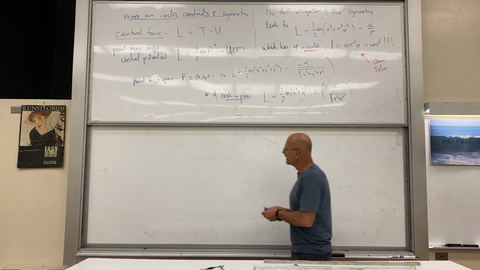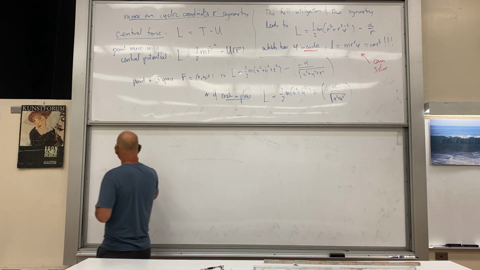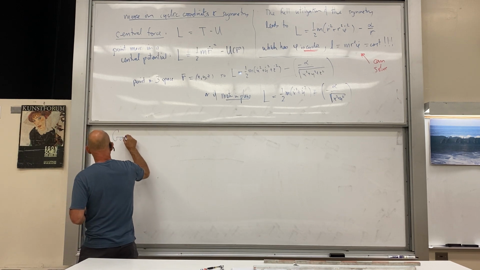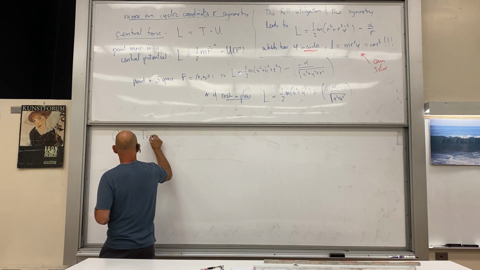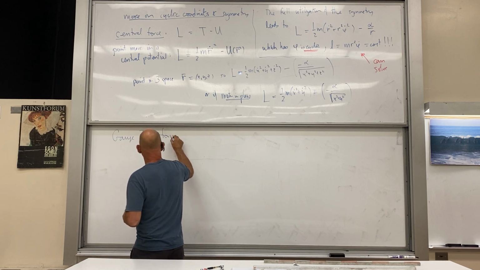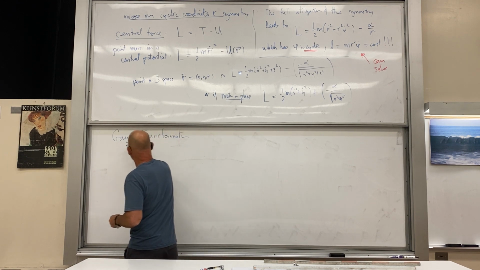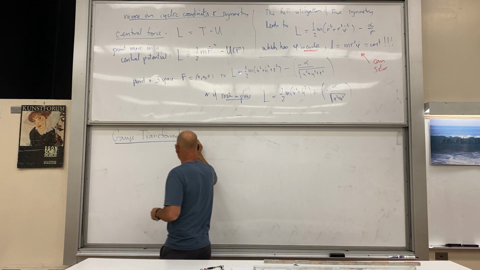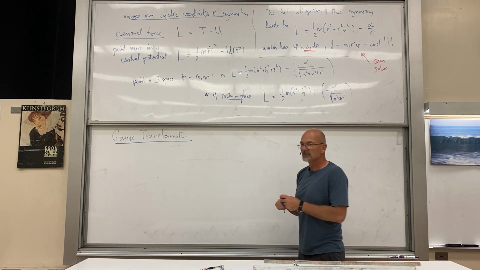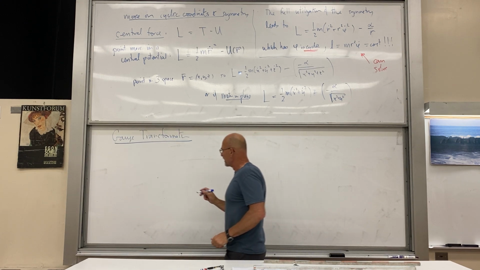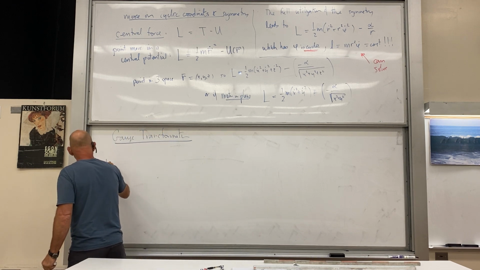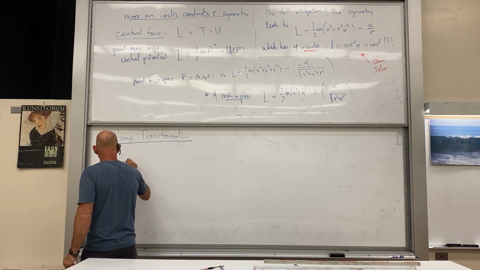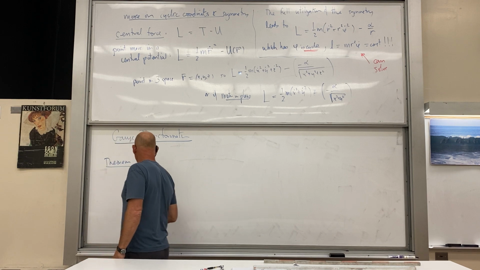And there's one more thing called the gauge transformation. And it also involves this Lagrangian formalism. I'll just refer to this as a theorem and show it. It is the following.